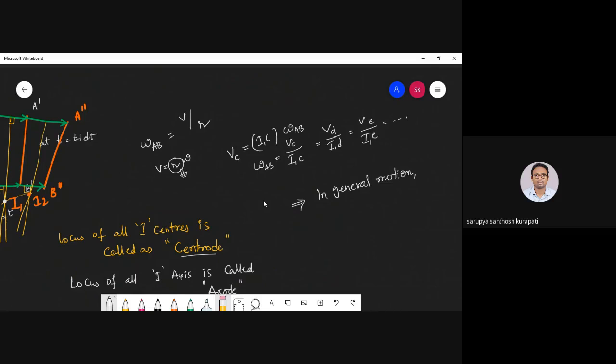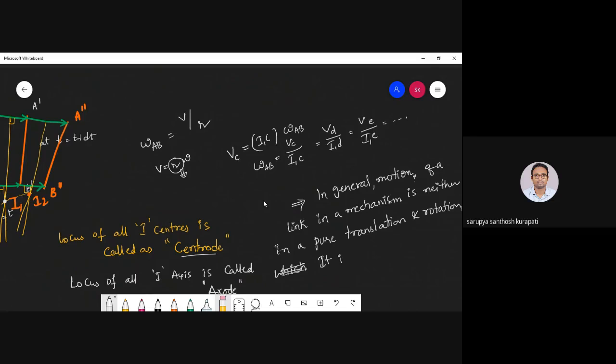In general, motion of a link in a mechanism is neither in a pure translation nor in a pure rotation.